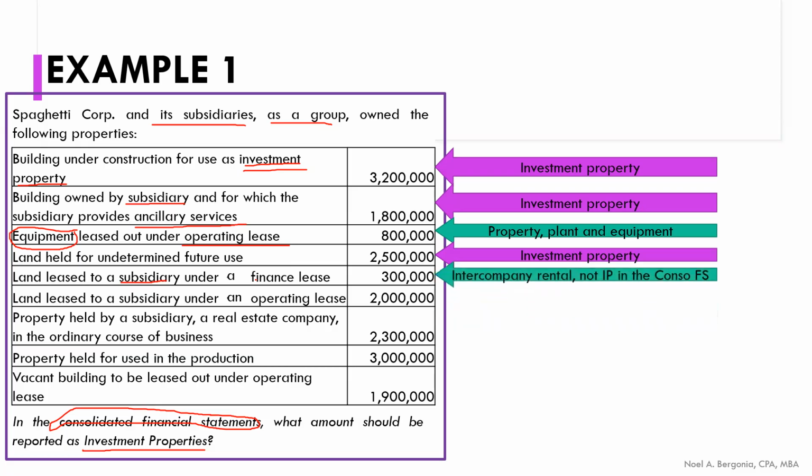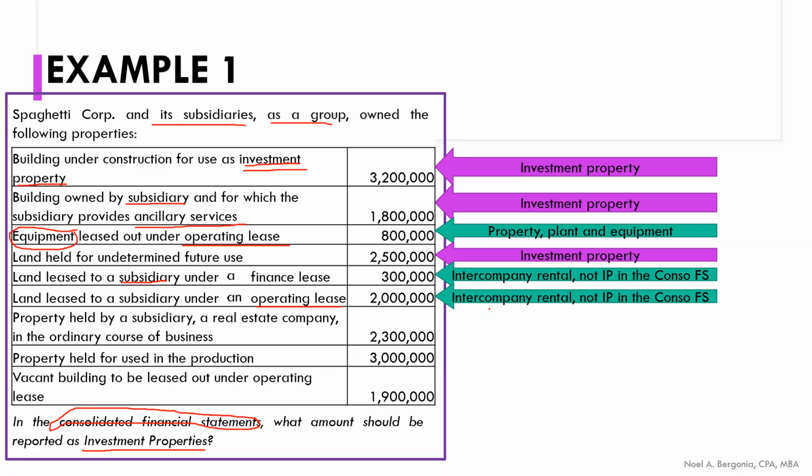So it will be under intercompany rentals, no? But that will not be presented under the consolidated financial statement as investment property. Okay, so PPE yan under the consolidated FS. And also kahit ito man po ay an operating lease, no? So it's not part of the investment property, no? It's property, plant, and equipment.